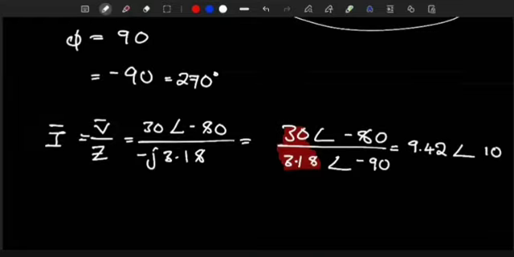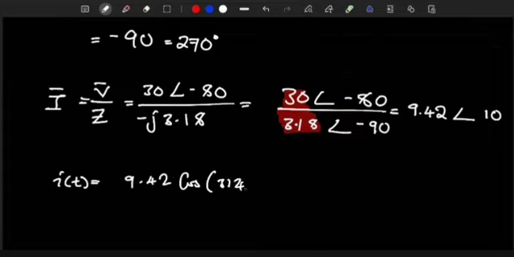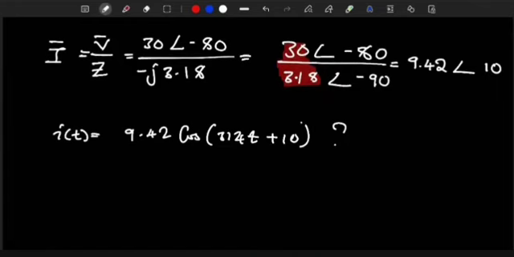So our current in sinusoidal waveform would become i(t) = 9.42 cos(314t + 10). We don't have this among the options, so this one is not there.